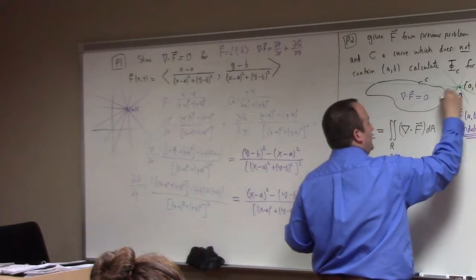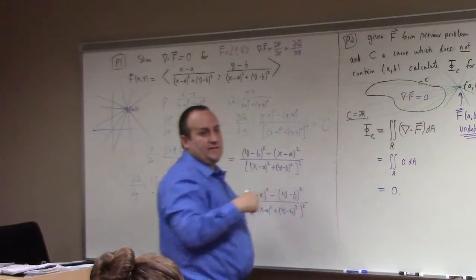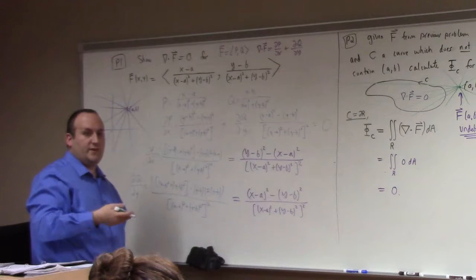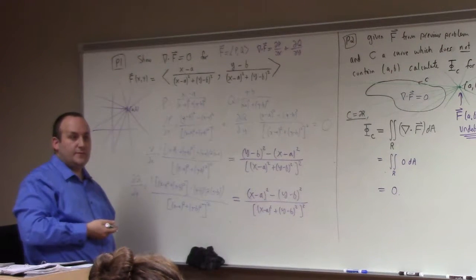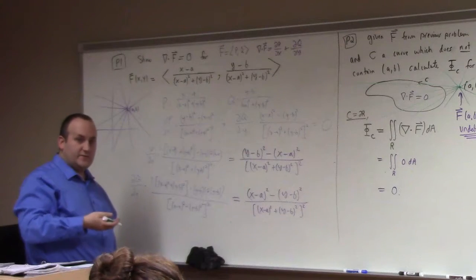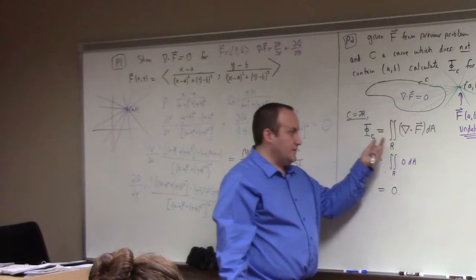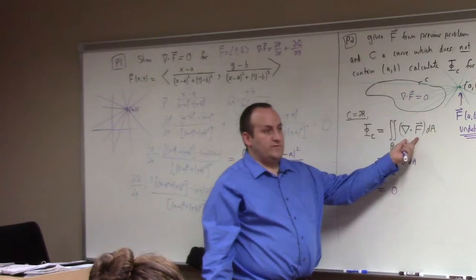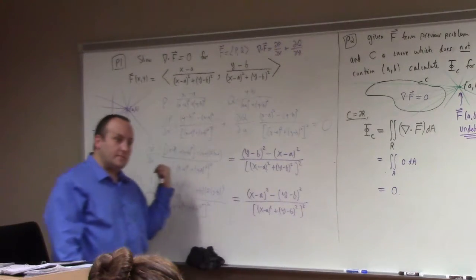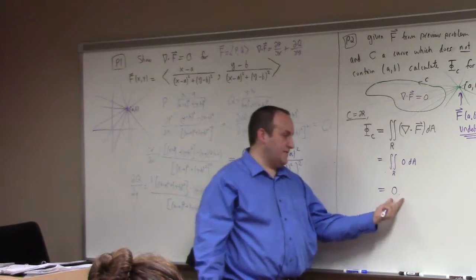Any field line which comes into one side of the curve goes out the other. So whatever comes in comes out, which means the net flux should be 0. And that's what Green's theorem, the divergence form of Green's theorem, verifies. The flux through the curve is the integral of the two-dimensional divergence over the area, which we just calculated to be 0. So the flux through that curve of that vector field is 0.